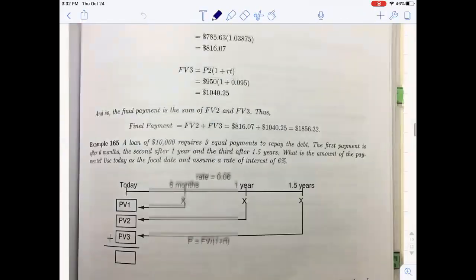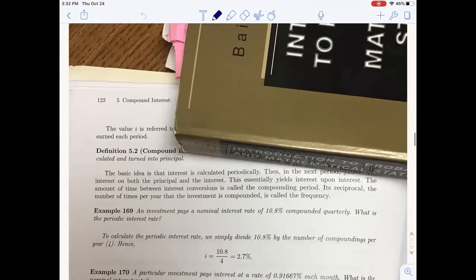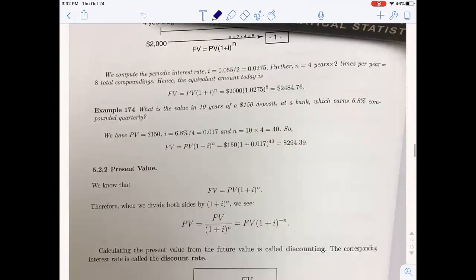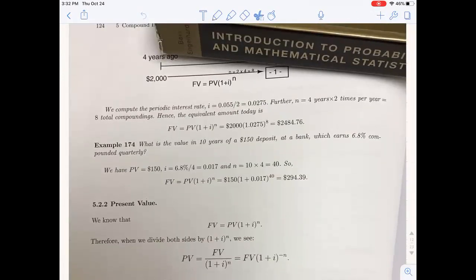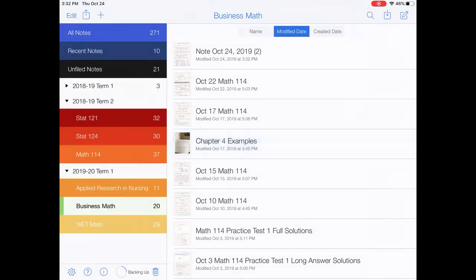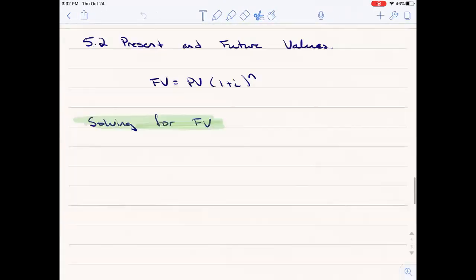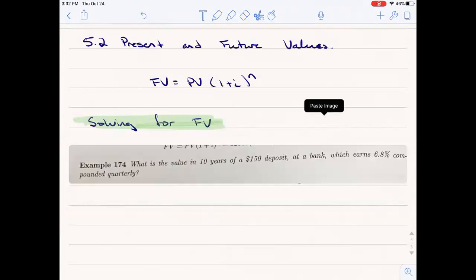So this is kind of our first look at a compound interest problem. We're going to keep all those things that we learned in simple interest.